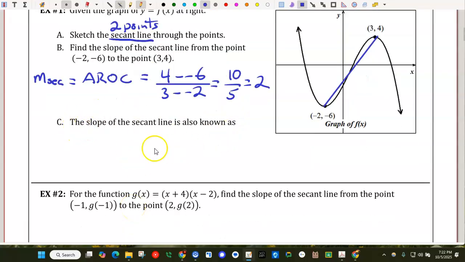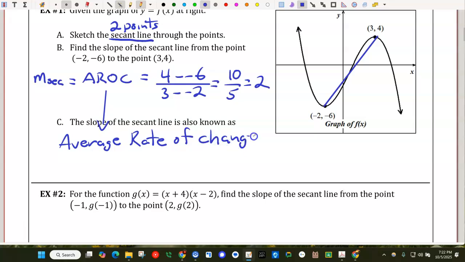The slope of the secant line is also known as, we already kind of gave it away, average rate of change. So if you feel like we're just repeating ourselves from previous sections, that's okay. We're really trying to get used to this new language, average rate of change. And we can say it even more succinctly: what is this average rate of change of?